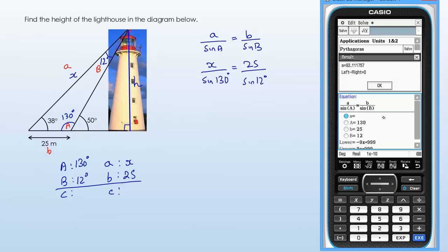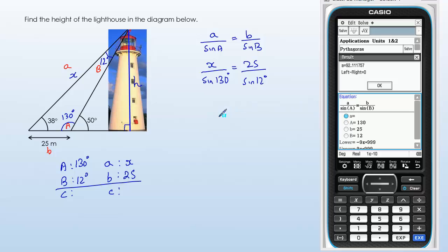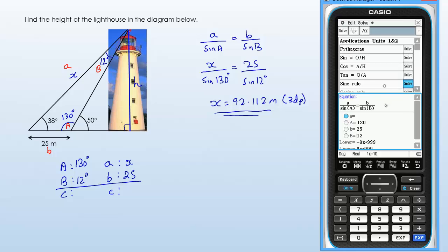And we'll just solve on that, and that gives us 92.112. And I'm just keeping the extra decimal place there because I'm going to probably get my final answer to 2 decimal places, so it's always a good idea to keep an extra one, like so.